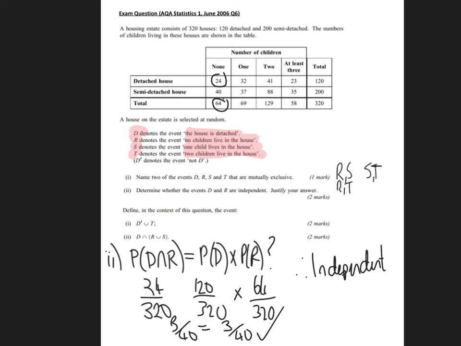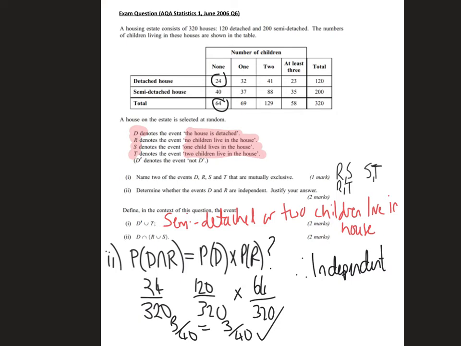So in the context of this question, we're not D, so we live in a semi-detached house, or we have T, two children live in the house. Or you could have both. You could have a semi-detached and two children living in the house. So the word or in English could also mean both.